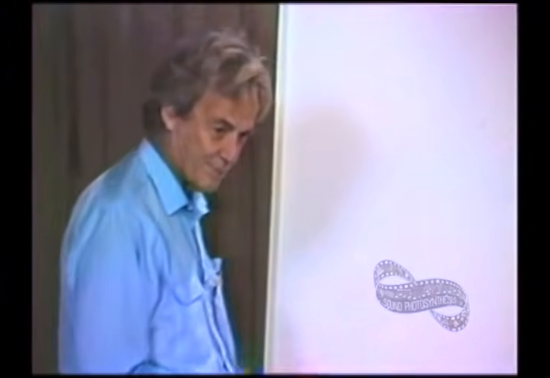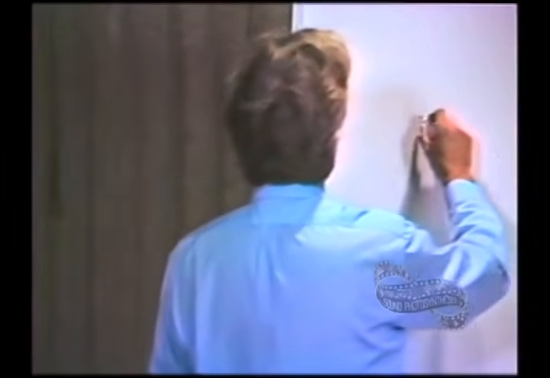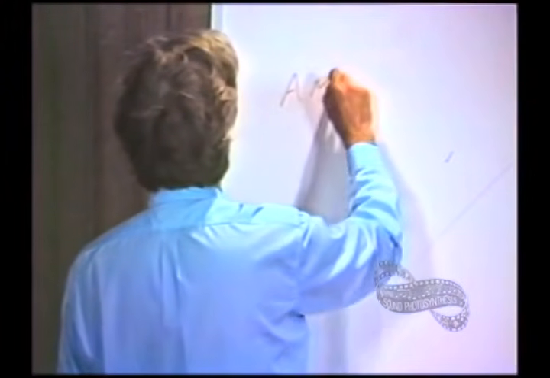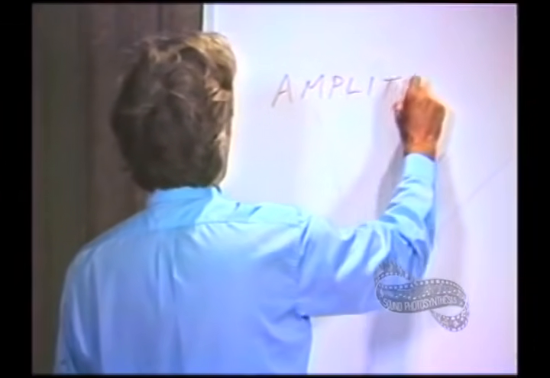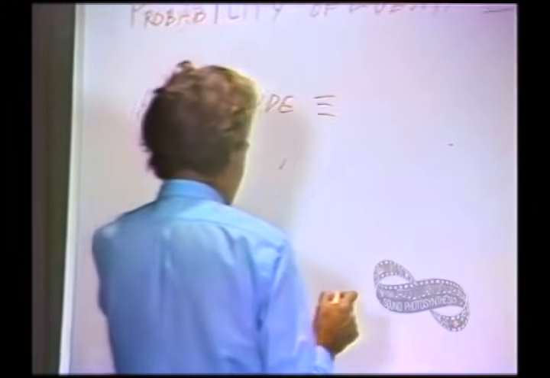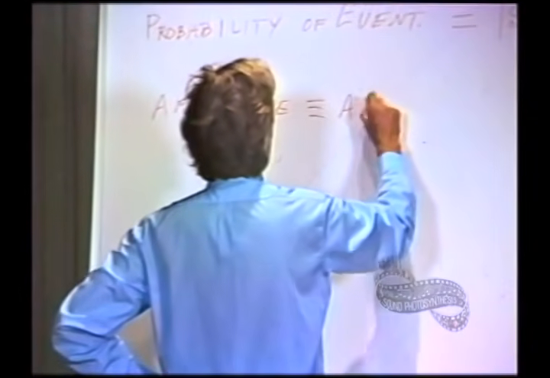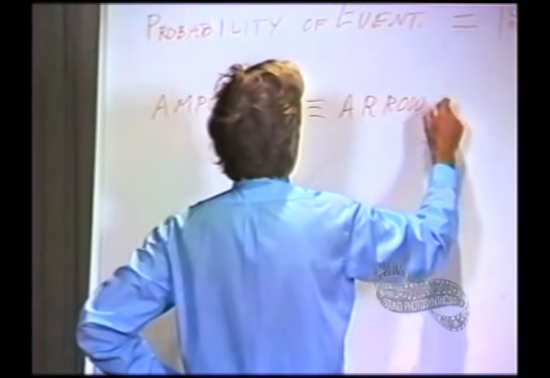Okay? So there are two aspects of an amplitude. The amplitude is a sort of two-dimensional thing, and therefore you can represent it, it turns out, on a plane as an arrow. So an amplitude is a physical thing, the same as these arrows that I've been talking about on a plane.